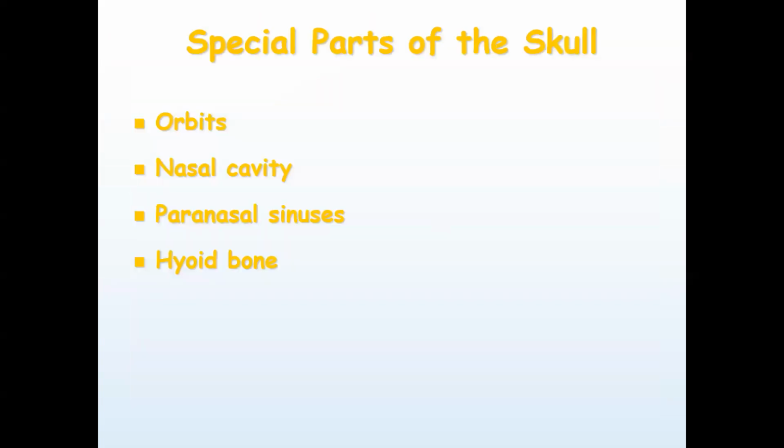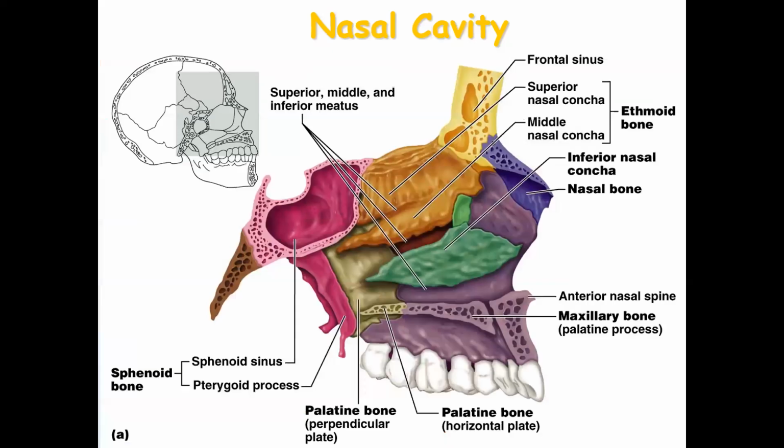Now, let's talk about orbits, the nasal cavity itself, and name the sinuses. I think we've done it already, but we'll do it again. And also talk about the hyoid bone, okay? Now, we did nasal cavity already last semester. So you should be very, very much aware of exactly where the nasal cavity is, right? And this is just showing the major bones associated with that.